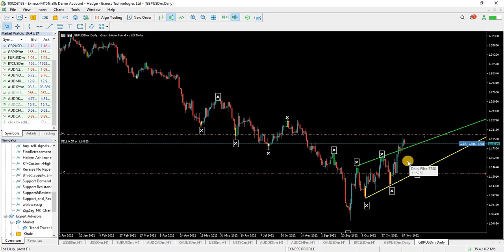Sorry, my fib is on a different screen, so everything is black. Let me just quickly change that fib to white so it can be visible. So we anticipate a new low to be formed within this 50% range here. This is where we'll look for a new low to be formed.